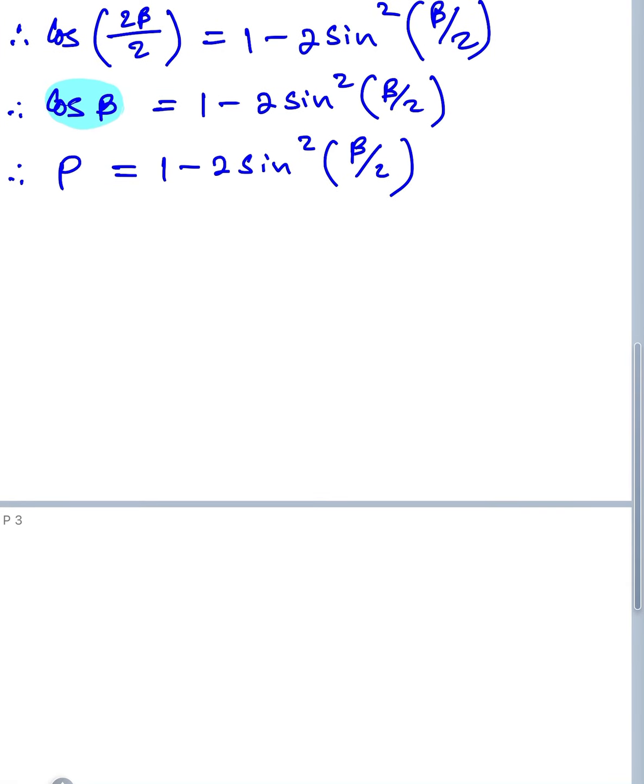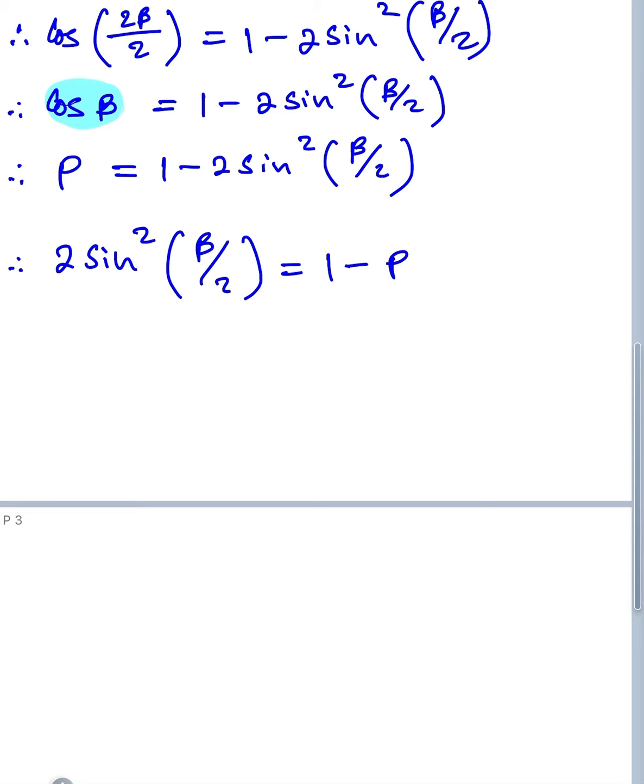Check how. I'm going to transpose this term here to the left hand side, and transpose p to the right hand side of the equation. So this becomes 2 sine squared of beta divided by 2, which is equal to 1 minus p.